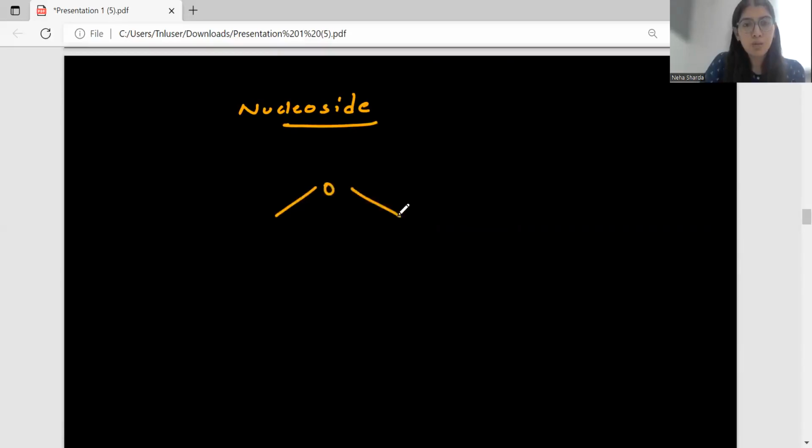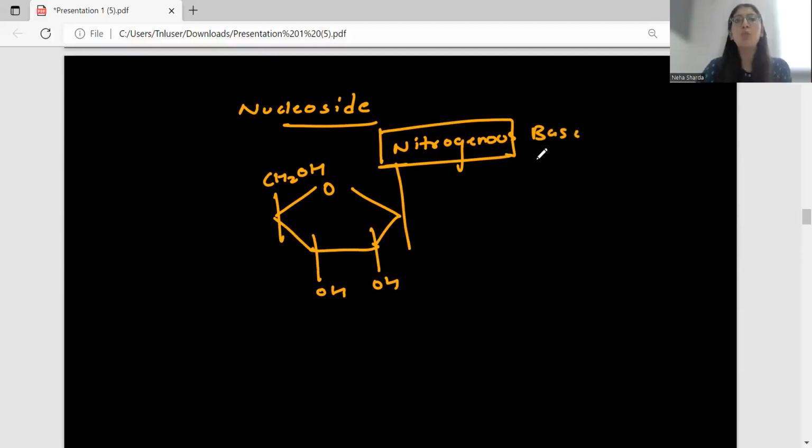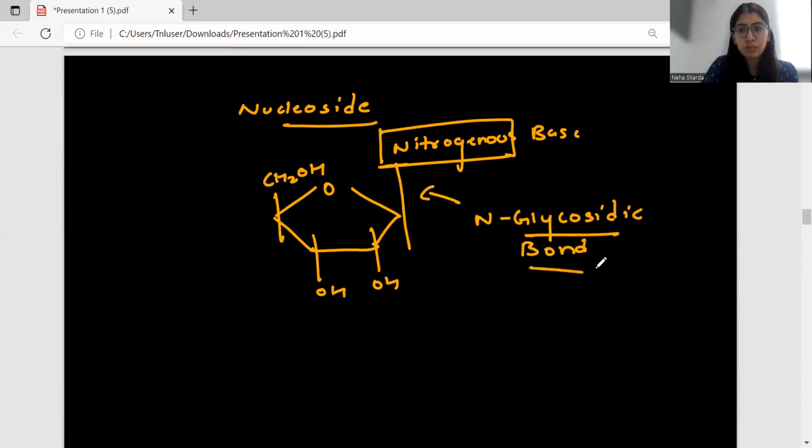This ribose sugar will form a bond with the nitrogenous base and form a nucleoside. This bond is known as N-glycosidic bond. The bond between pentose sugar and nitrogenous base is known as N-glycosidic bond. It will form a nucleoside.